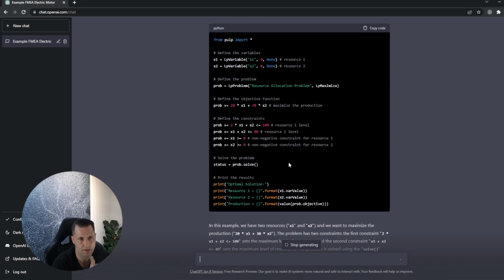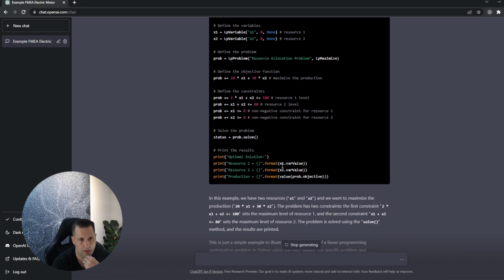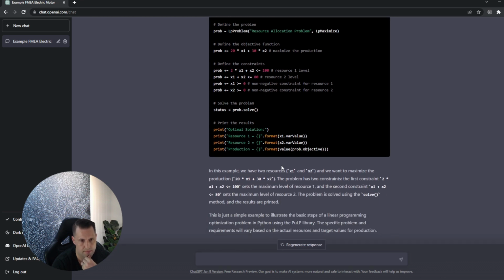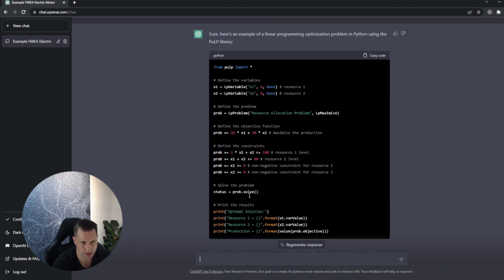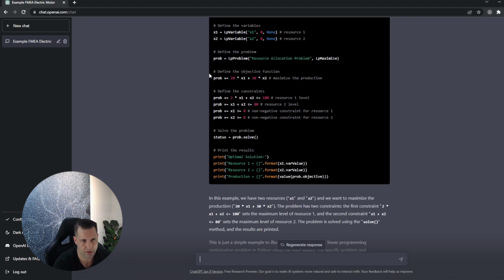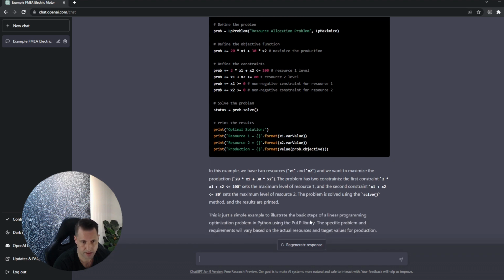We will need to refine this problem to make it usable. But it looks like it's got at least the right library and the right structure for it. It defines the objective function. It defines the problem and then just solves it. So if we were to use this in a day-to-day application, or as an auxiliary to a separate process that we have, we will need to turn this into a method. So let's see if we can.